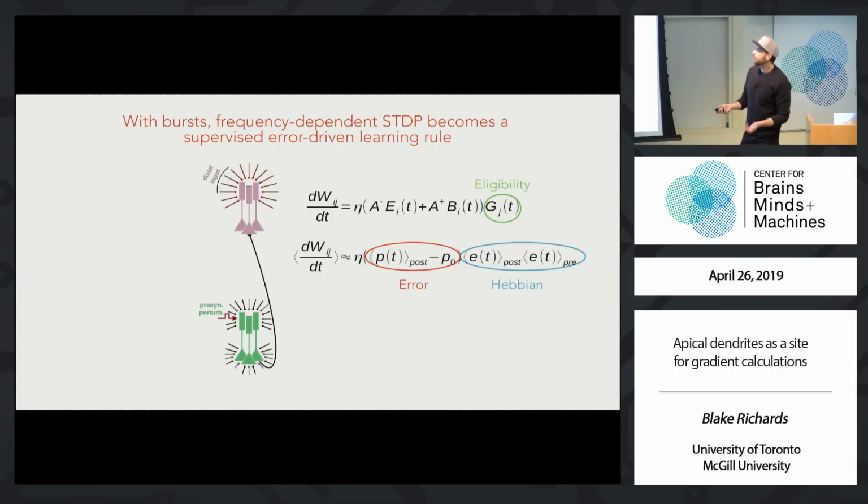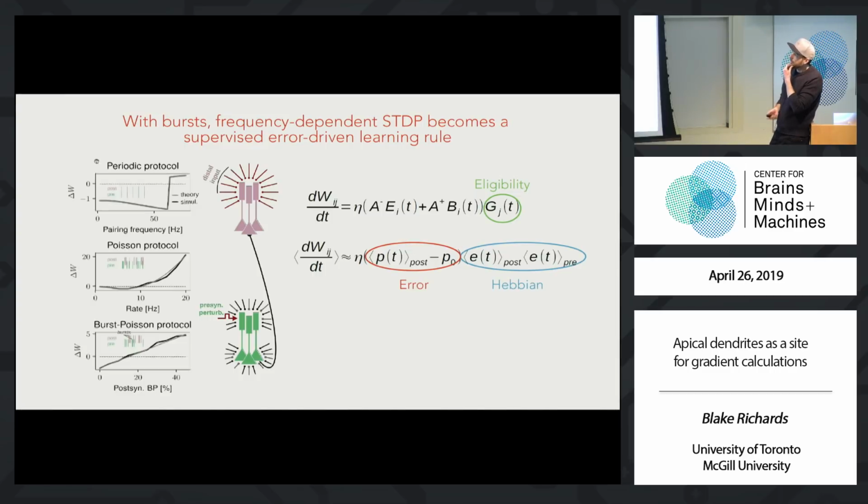What that gives you effectively is a frequency-dependent STDP as well. Here we can show that if we do an STDP protocol, depending upon the frequency with which we stimulate the cells, we will either get depression or potentiation. Both the simulations and analytical theory agree as to what's going to happen there.